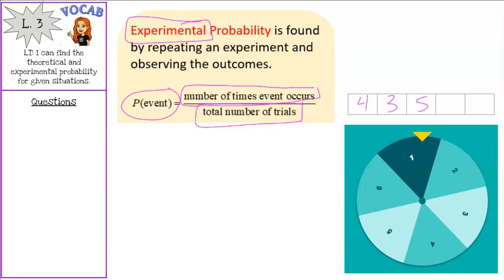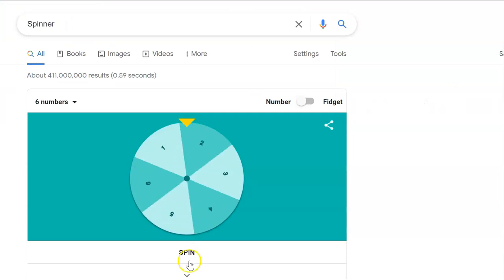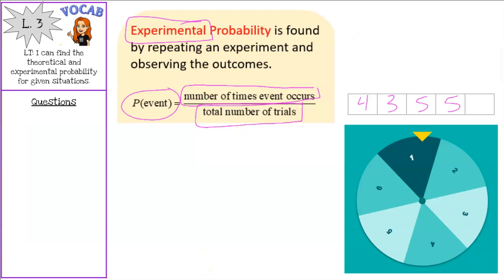Then I rolled another 5. And then I rolled another 4. So, since we completed this experiment 5 times, the total number of trials is going to be 5. Our denominator is going to be 5 because we did this 5 times.